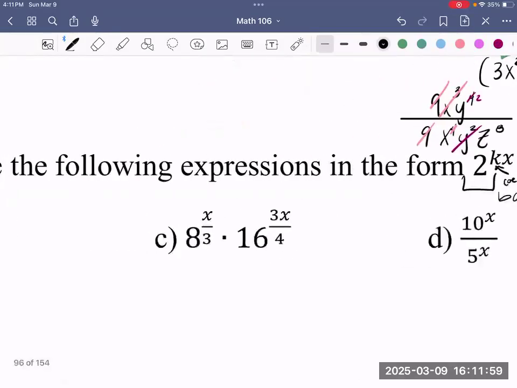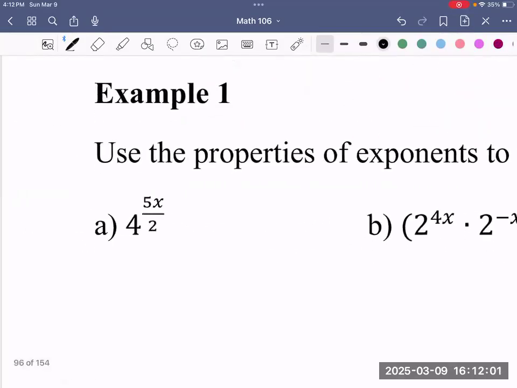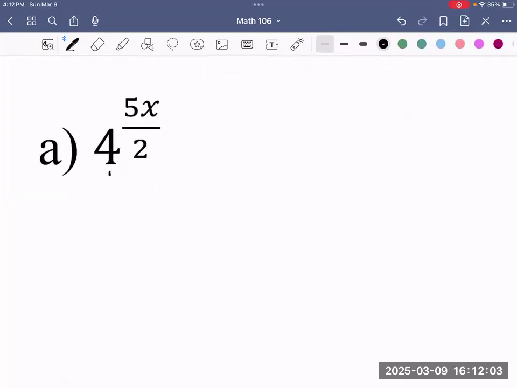Now what that might look like to start is, notice that 4 needs to change, because that's your base here. Notice that your exponent is up here with your variable, but we want to transform this 4 into a base of 2. So we can ask ourselves the question, okay, 2 to the what power is equal to 4?